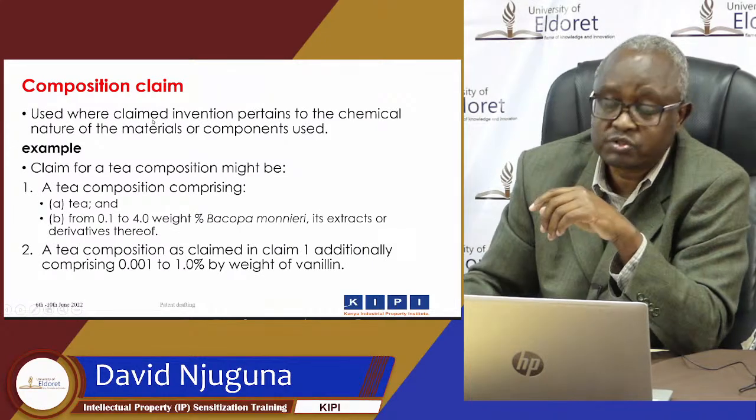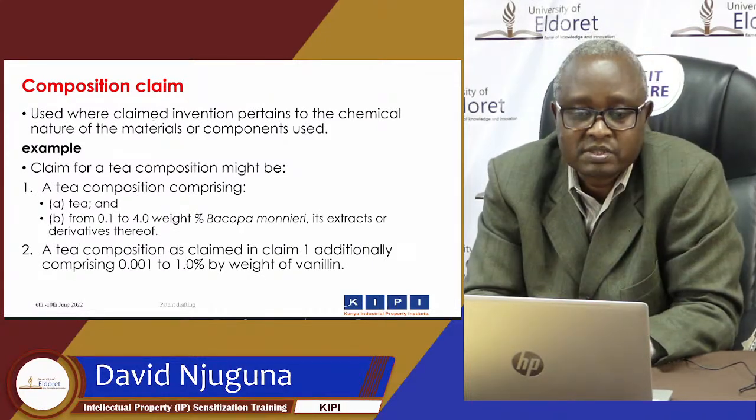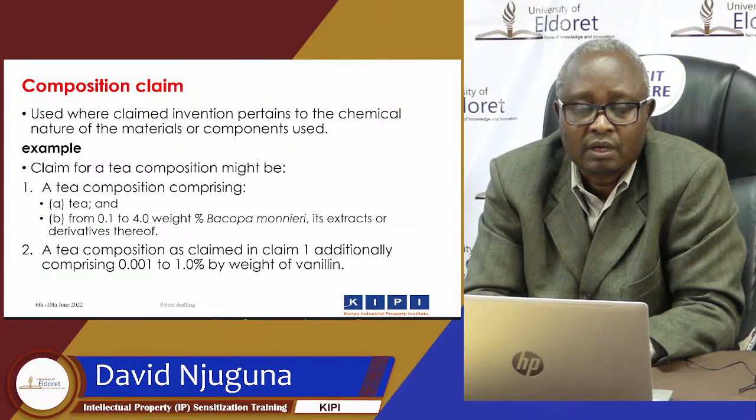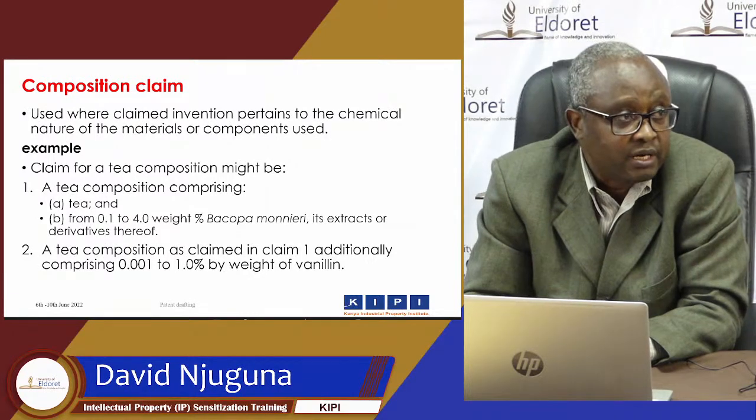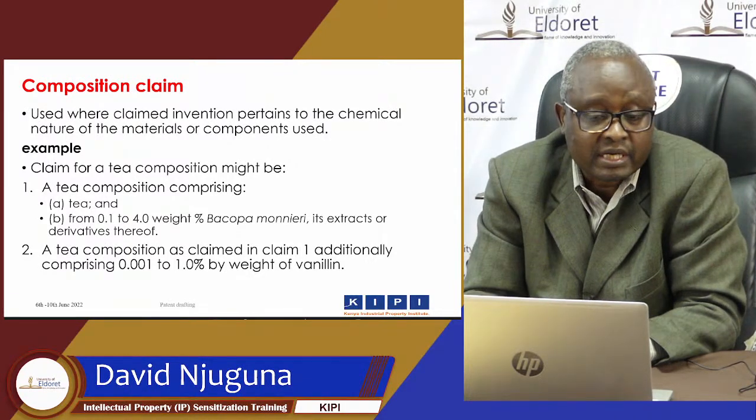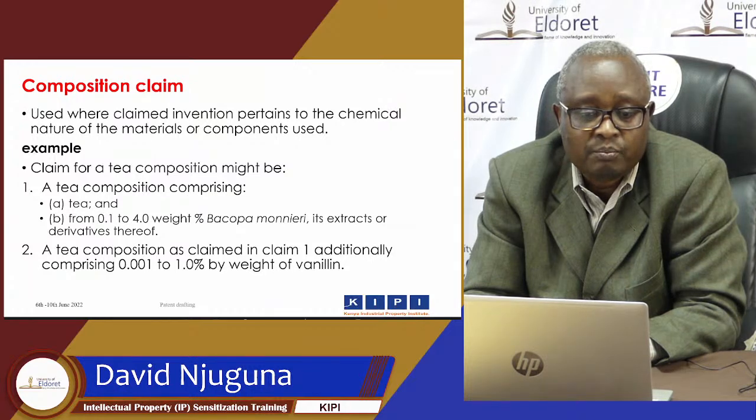We also have a category called the composition claims. This again is the area of chemical, of the material or component that is used. An example is a claim for a tea composition.